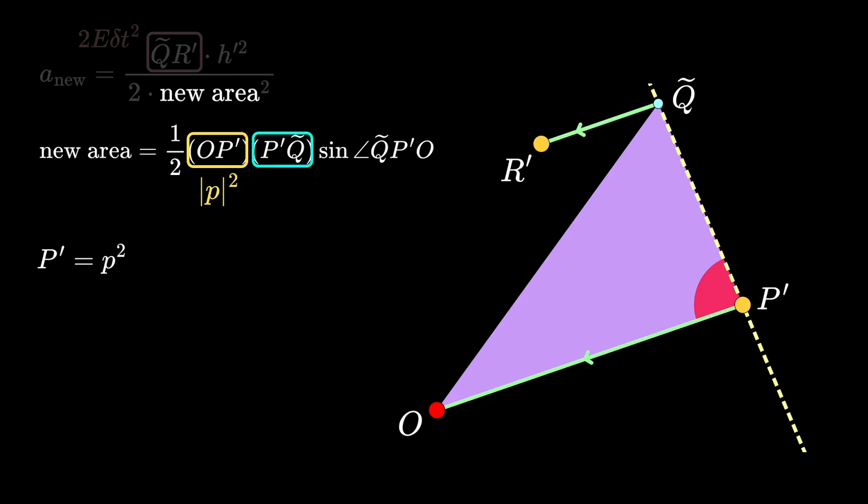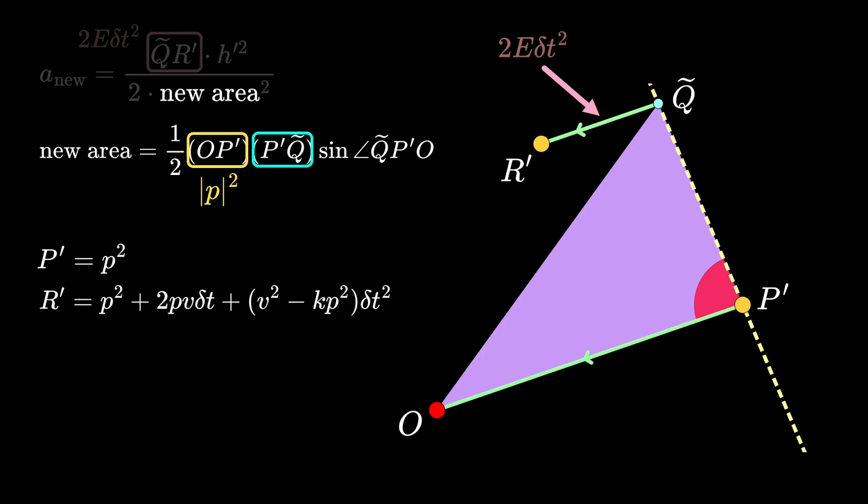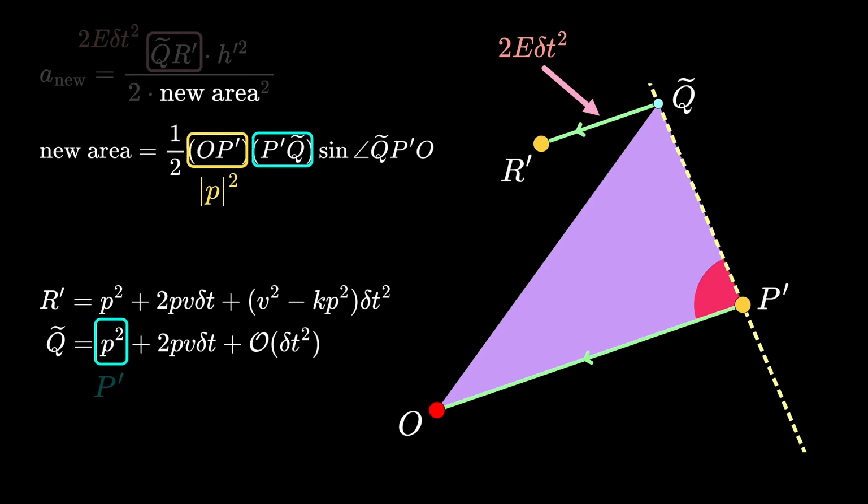The other length is a bit trickier, but we can go back and see what the point R prime is, and given that we have just deduced this length as 2E delta T squared, Q tilde is still P squared plus 2PV delta T plus some terms of higher order that we don't care about this time. So this length is 2 mod P mod V delta T plus higher order terms.